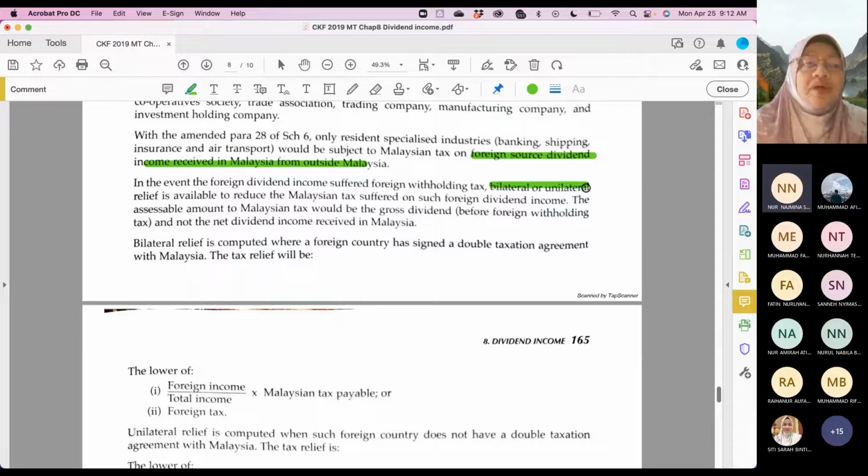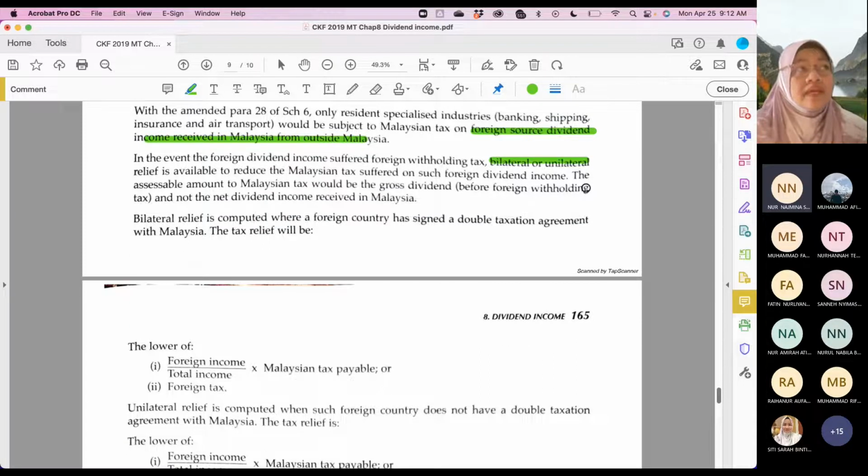For example, if it's a BISA company, say banking, and they have an investment in another company outside Malaysia and receive dividend from there, and the other country has taxed you on the dividend income, then when you compute your dividend income, because it's not exempted since they are BISA, we tax you in Malaysia, but we take into consideration the tax that you have paid on the same income in the other country, and we give you a deduction. That's how we help you to reduce the burden of tax.